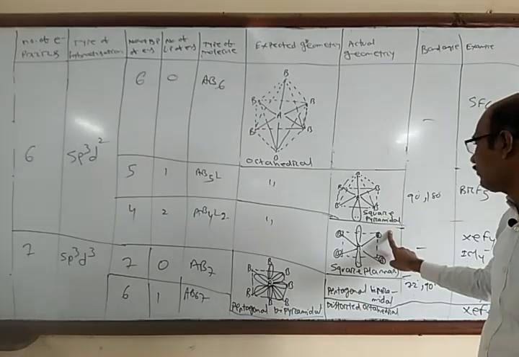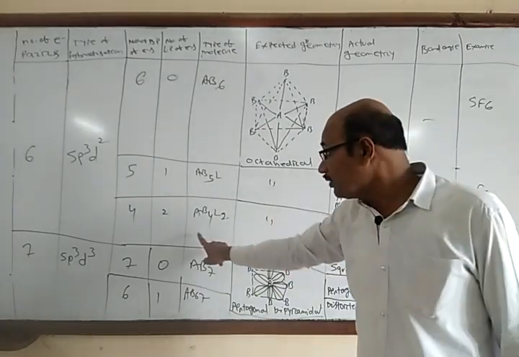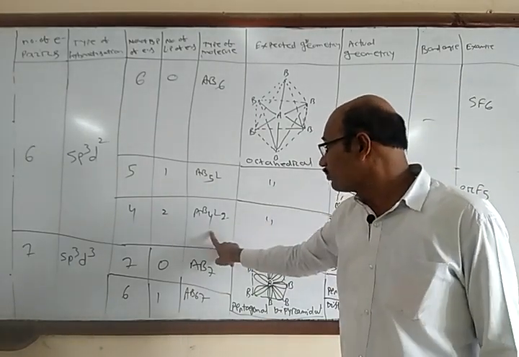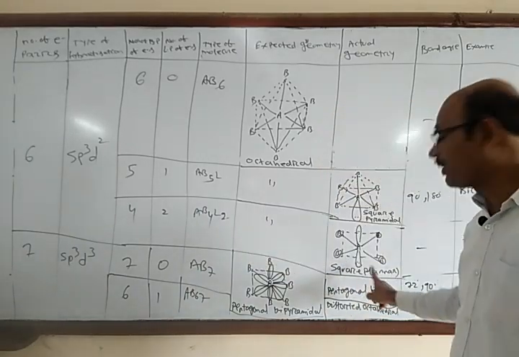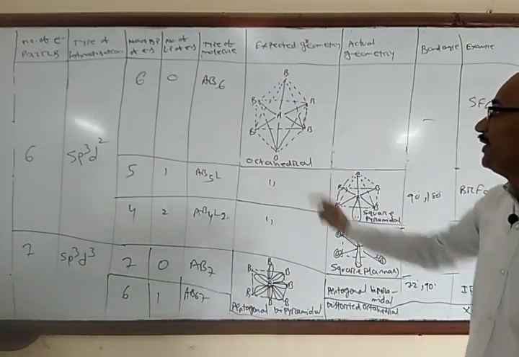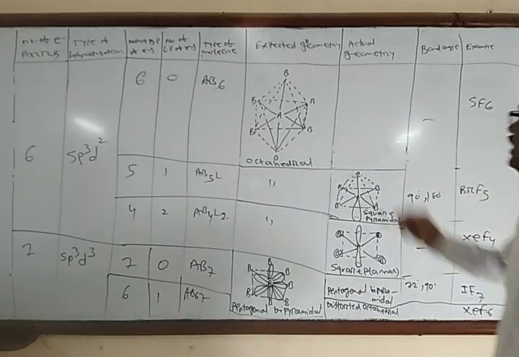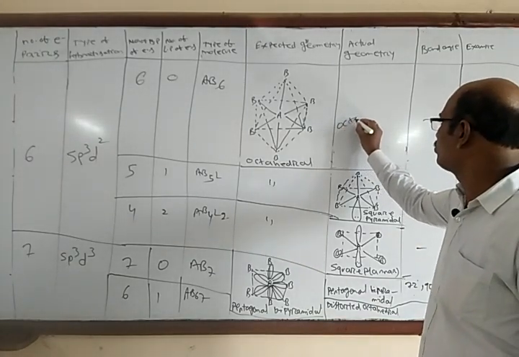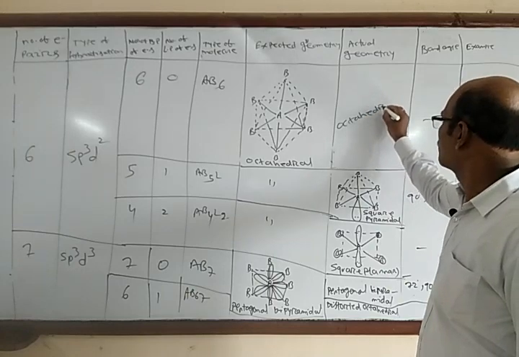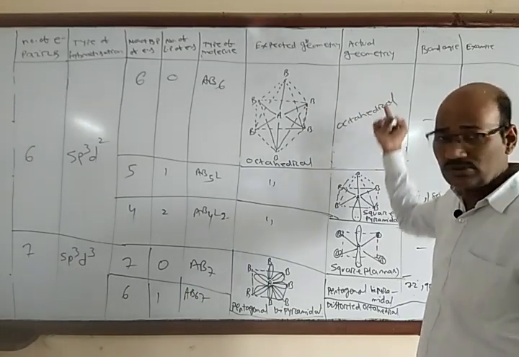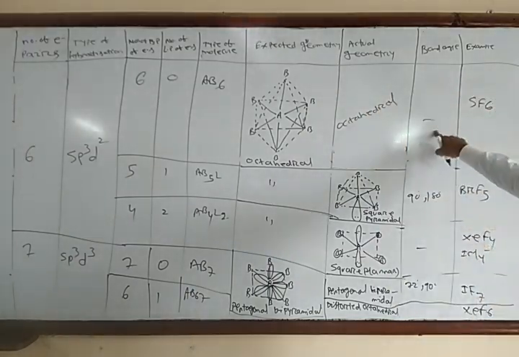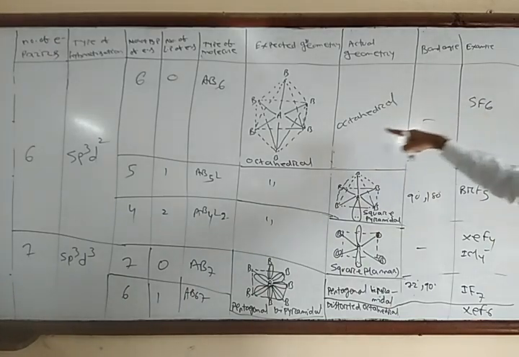And for AB4L2, 4 bond pair, 2 lone pair, we have square planar. In the case of AB6, octahedral, the actual geometry is also octahedral. Expected and actual are both the same. So SF6 is the example of this kind of molecules.